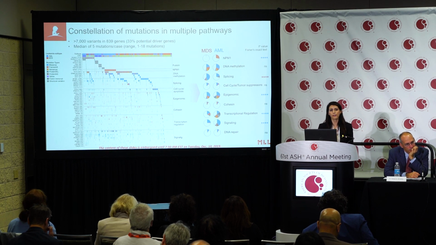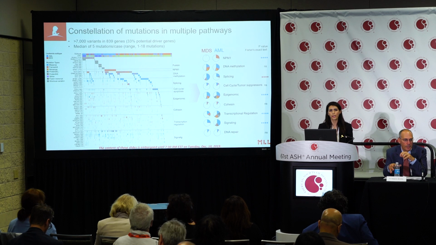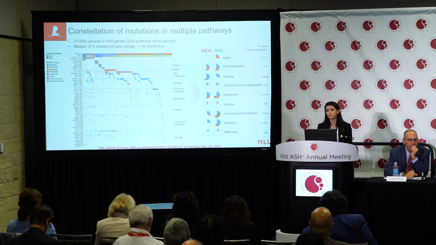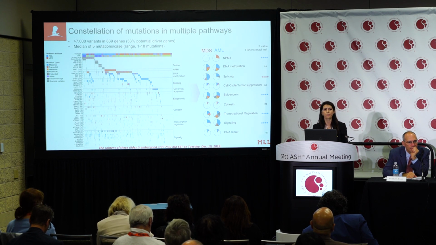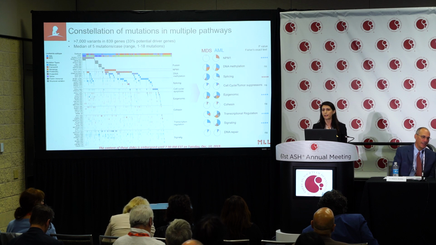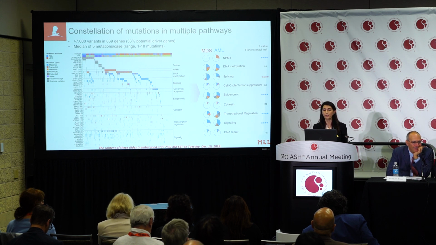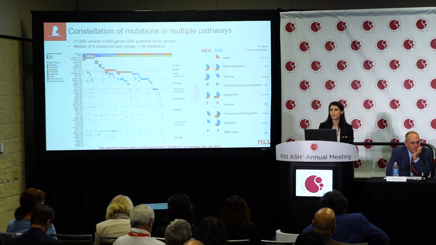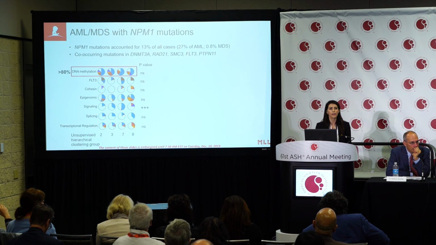We found that some mutations can be shared between AML and MDS, although the frequency of these mutations may vary depending on the specific subtype. For example, we identified a higher frequency of mutations in genes such as NPM1 in AML compared to MDS, or vice versa, higher frequency of mutations in splicing genes in MDS compared to AML.